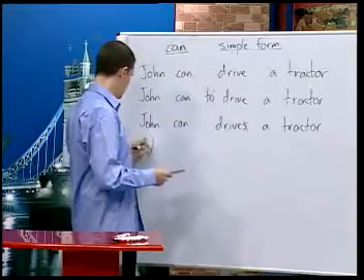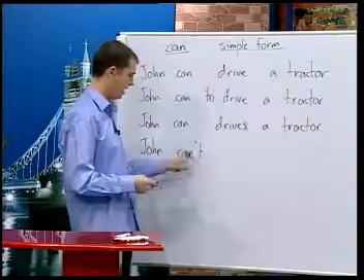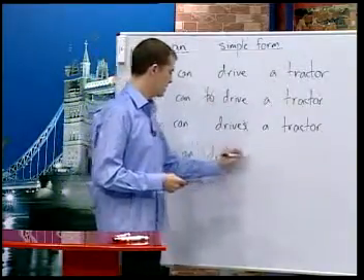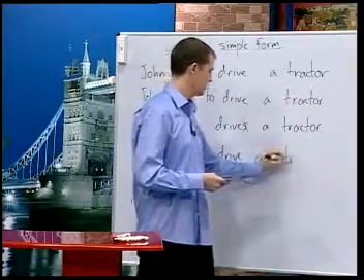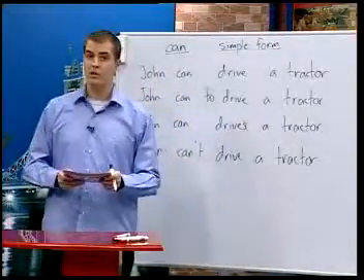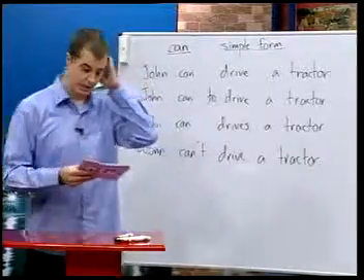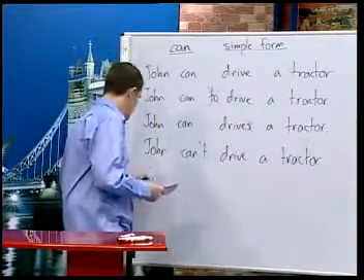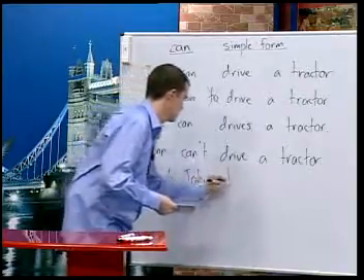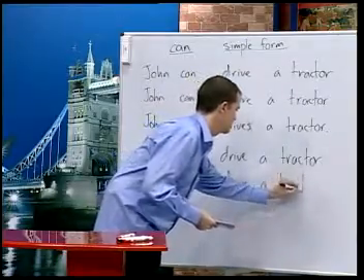John can't drive a tractor. If we make a question out of this, we simply put can or can't at the beginning of the sentence. Can't John drive a tractor?